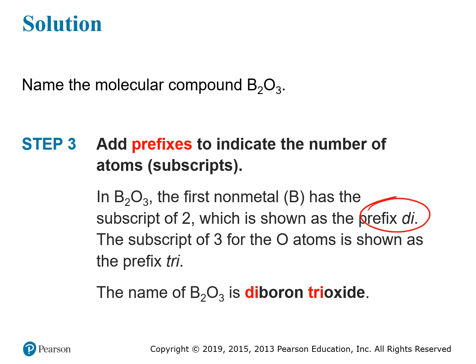Okay? The 3 after the O means that there are 3 oxygen atoms in the molecule, and that corresponds to the prefix tri. So when you add those prefixes, you get diboron trioxide. 2 borons, 3 oxygen. Diboron trioxide. You can see the prefixes here are highlighted in red just to make it clear for you.